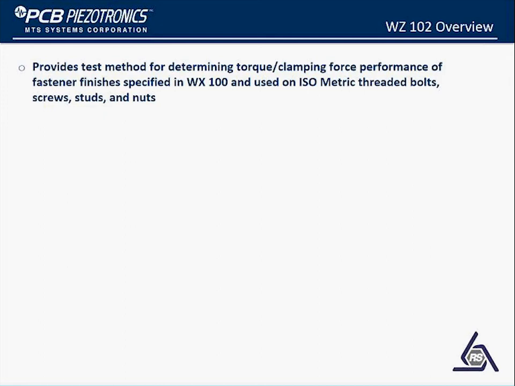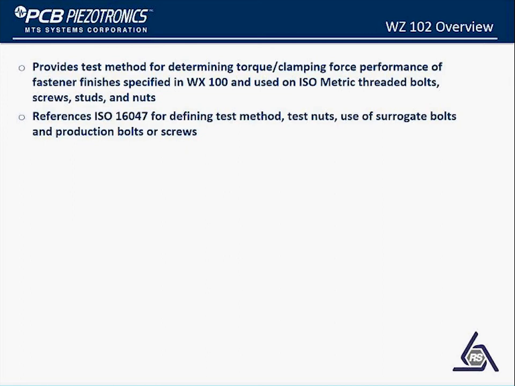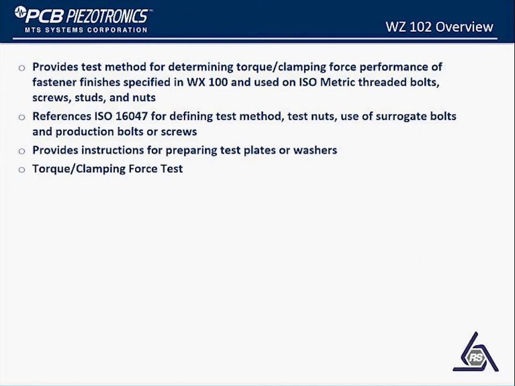It references ISO 16047 for defining the test method, test nuts, and use of surrogate bolts or production bolts or screws, and provides instructions for preparing test plates or washers. It defines the torque clamping force test in terms of RPM, 30 RPM plus or minus 3, which is pretty common.